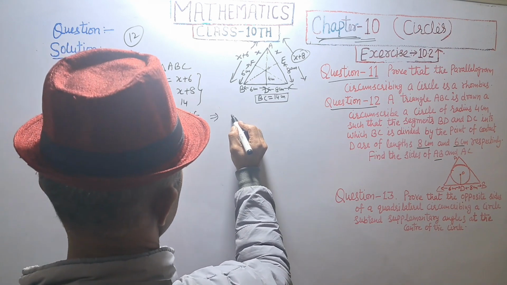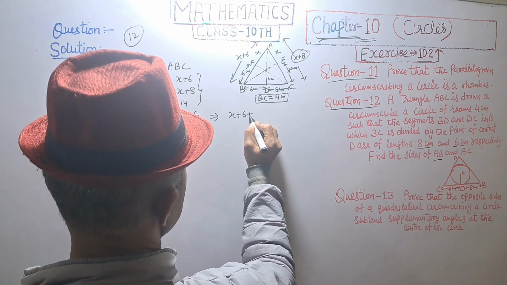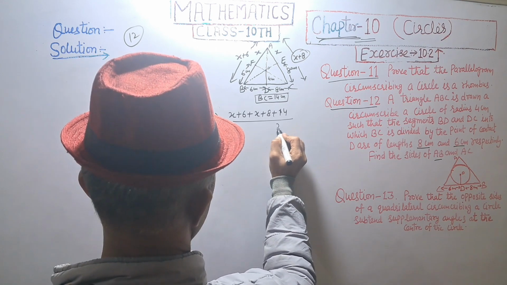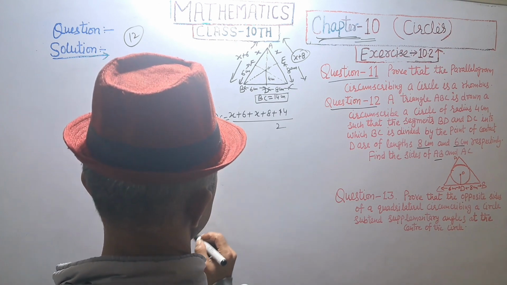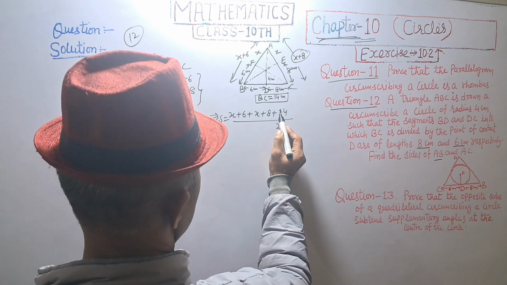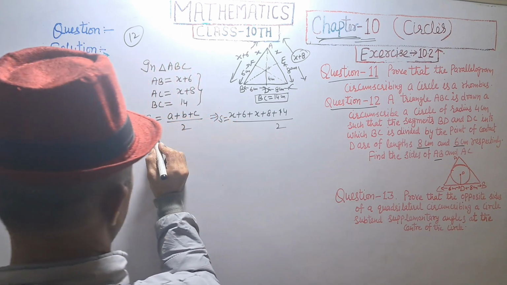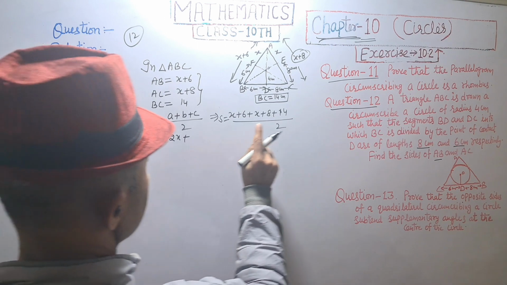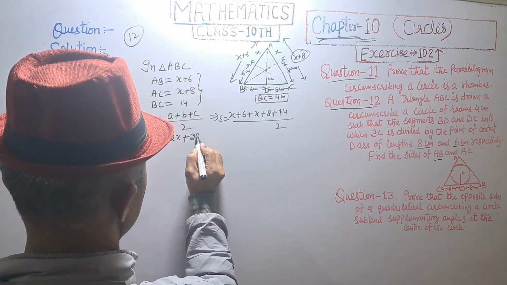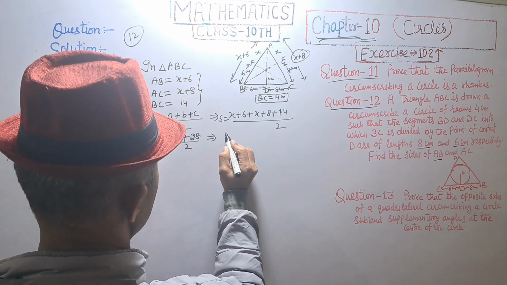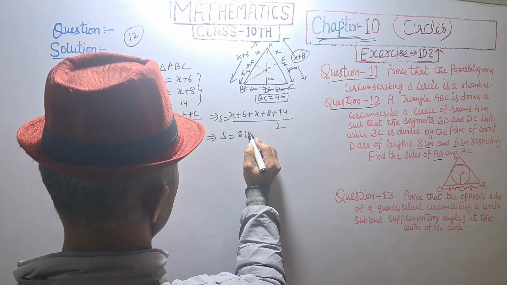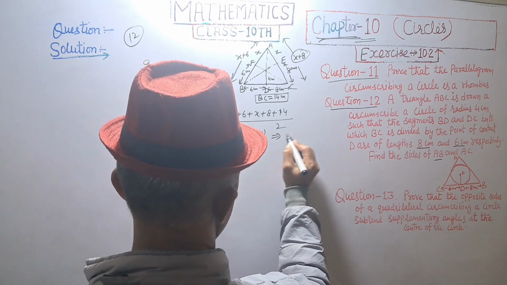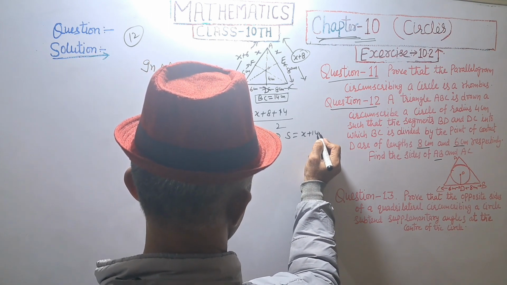This implies X plus 6 plus X plus 8 plus 14 divided by 2. X plus X is 2X, so S is equal to 2X plus 28 divided by 2. Taking 2 common, X plus 14 in bracket divided by 2, we get the value of S is equal to X plus 14.